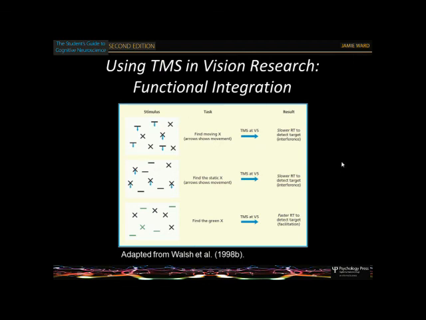So again, it typically is seen as interfering, but it can facilitate. It can almost release something, depending on how the brain is wired. So again, this is another use of TMS.